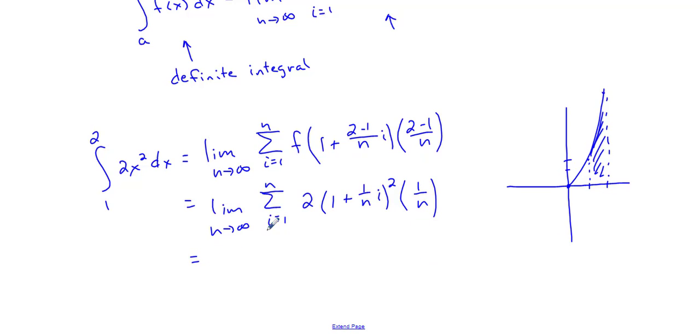We know 1 over n can go in front of the sigma. I wanted to have the lower bound something other than 0 since we will have this here. Honestly, we could put this 2 out in front too, couldn't we? Let's do that.